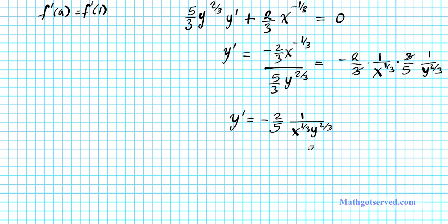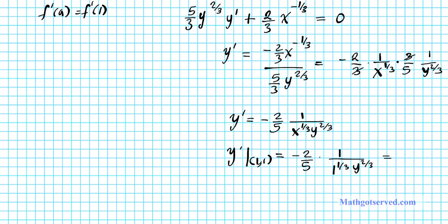Now what we need to find is the slope at x equals 1. When x is 1, y is equal to 1, so we're looking at y prime evaluated at (1, 1). We plug in 1 for x and 1 for y, so we have negative 2 over 5 times 1 over 1 to the 1/3, y to the 2/3.